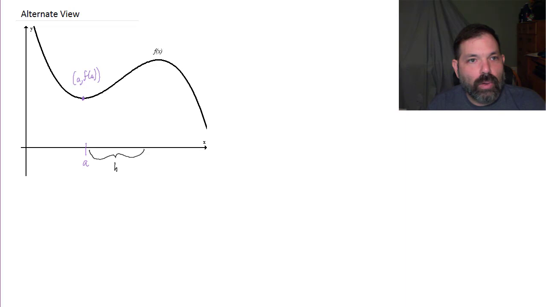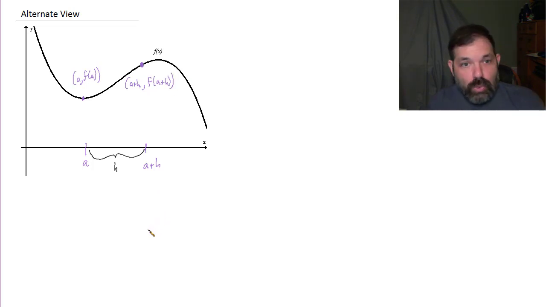And so now, my second point on the x-axis would be the original a plus this h distance, this change. So now this second point has x value a plus h, and the new point on the curve has x coordinate a plus h and y coordinate f of a plus h.